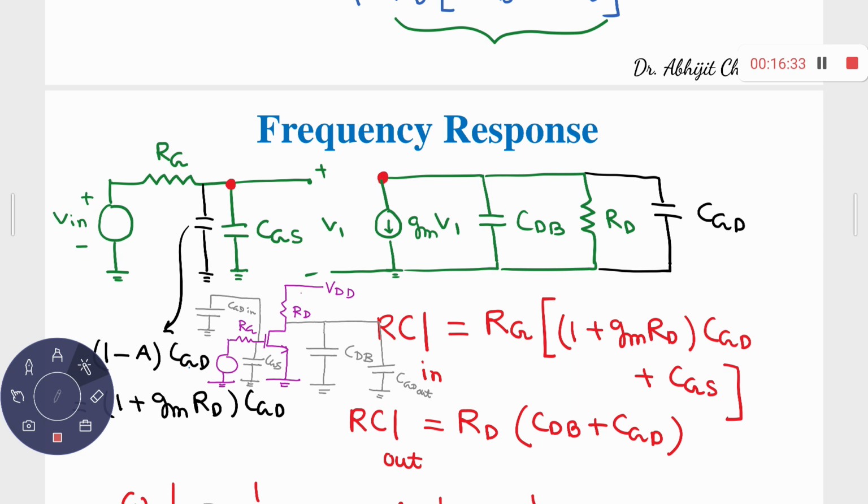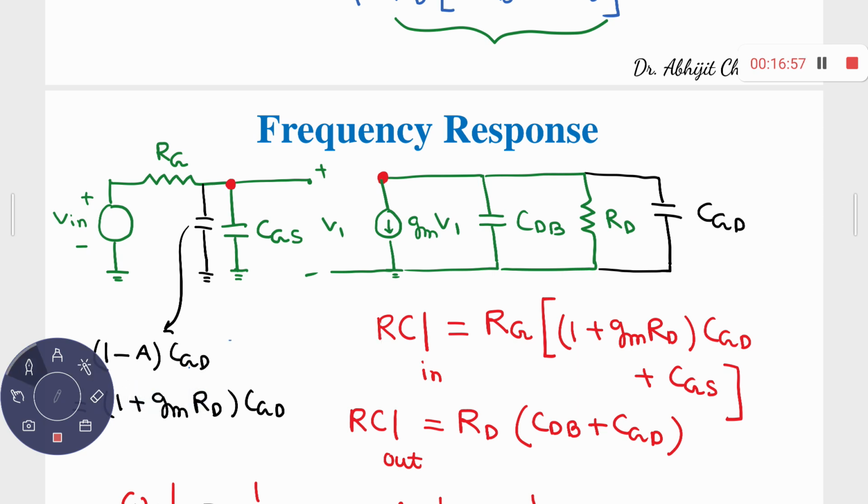What about the resistance over there at the input side? RG only. What about the effective capacitance at the input side? The summation of these two capacitors. So effective will be CGS plus 1 plus GMRT times CGD. Now coming back to the output side, what is your RC out? If R naught is there, then you can also incorporate this R naught in parallel, but since RD is present, the effect of R naught will be simply neglected, because R naught is much larger as compared to RD.